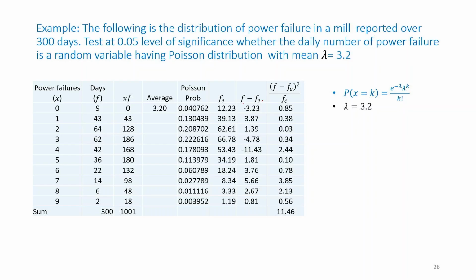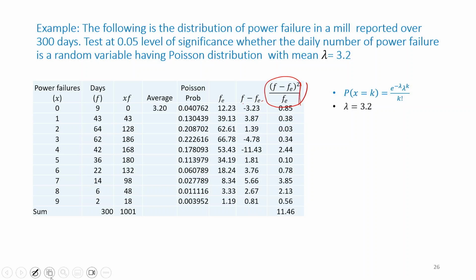Then we find another value, f minus fe whole squared by fe, because we know that this is the quantity that, when you sum it up, becomes my chi-square variable.